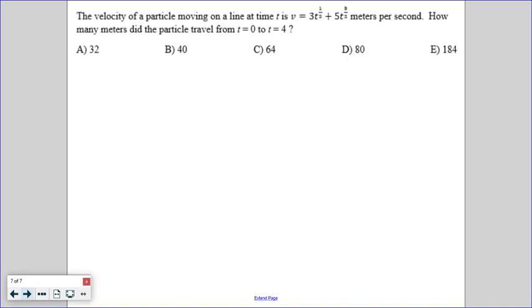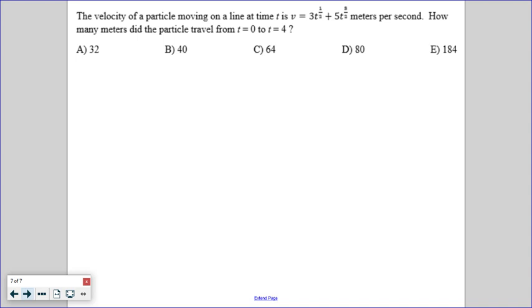And our last one, just reviewing different ways of talking accumulation. The velocity of a particle moving along a line at time t is given by the velocity 3t to the 1/2 plus 5t to the 3/2 meters per second. How many meters did the particle travel from time equals 0 to time equals 4?